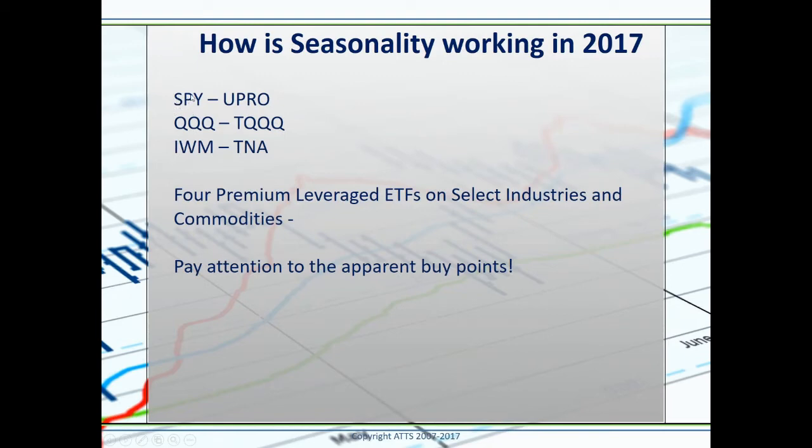And these are the non-leveraged ETFs that follow each one of these. Adjoining them are the 3-time leveraged ETFs: UPRO for the spiders, TQQ for the Qs, which is the NASDAQ, and TNA, which is for IWM, and the Russell.